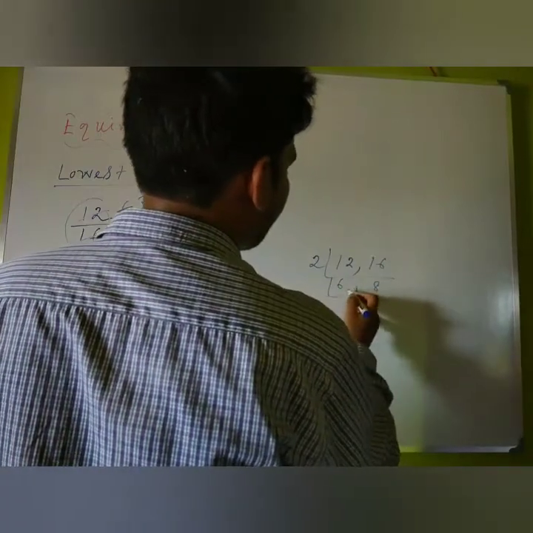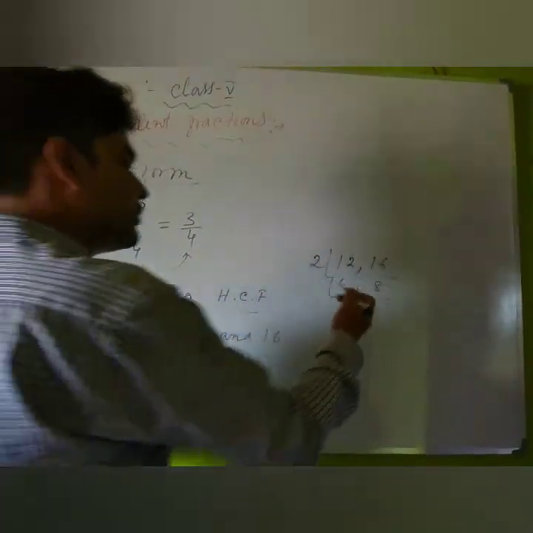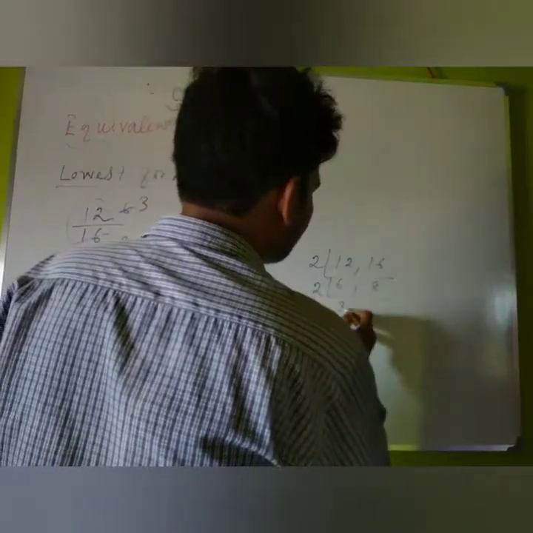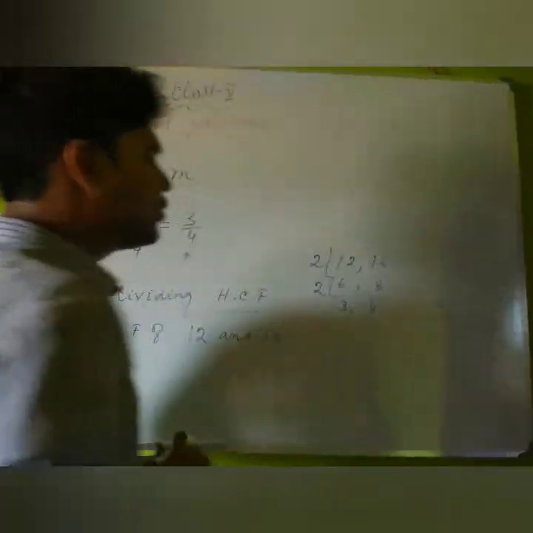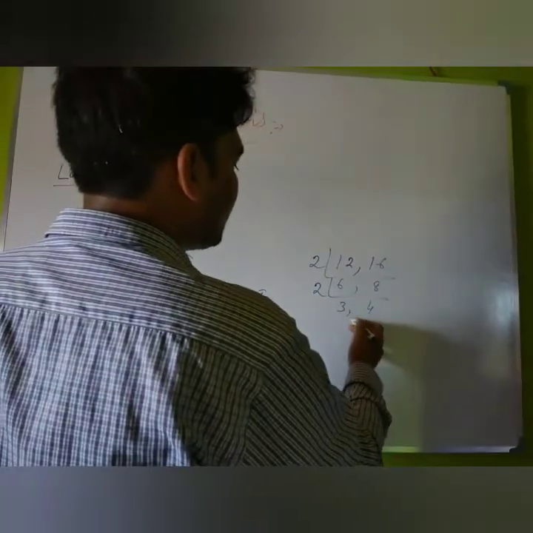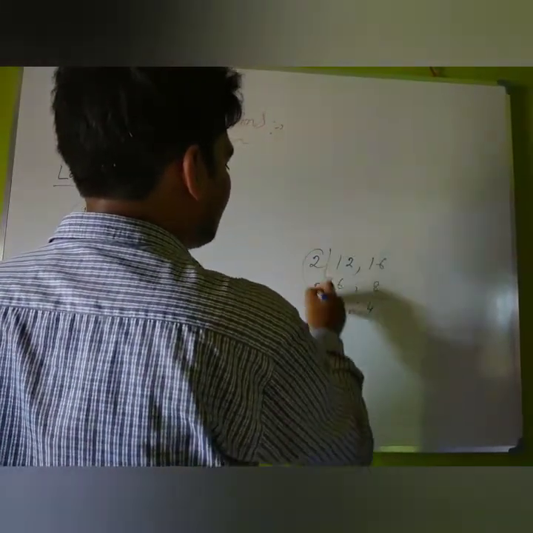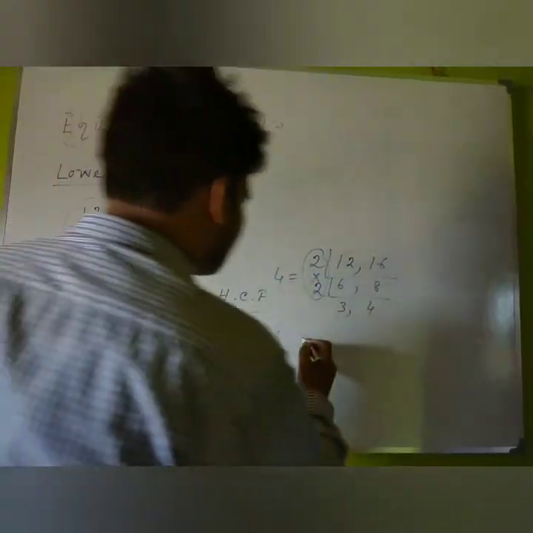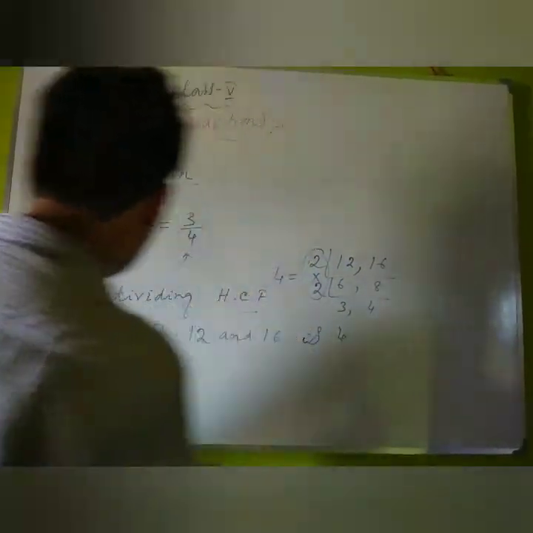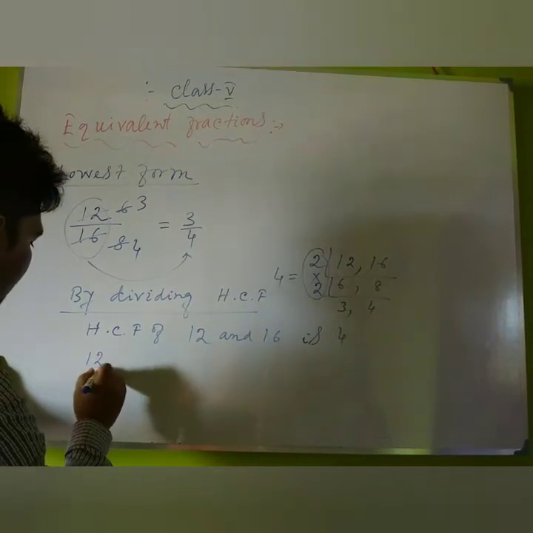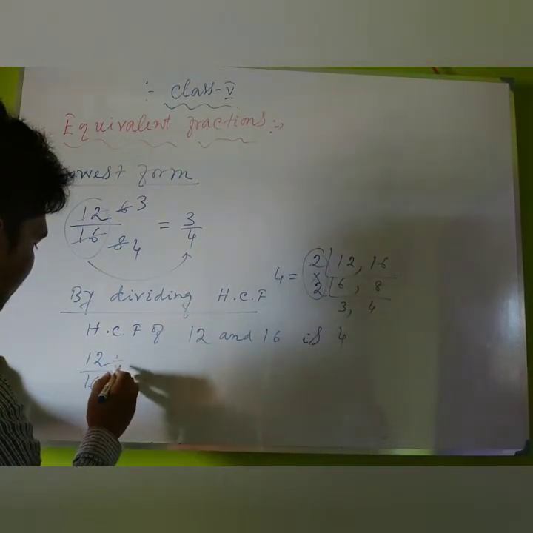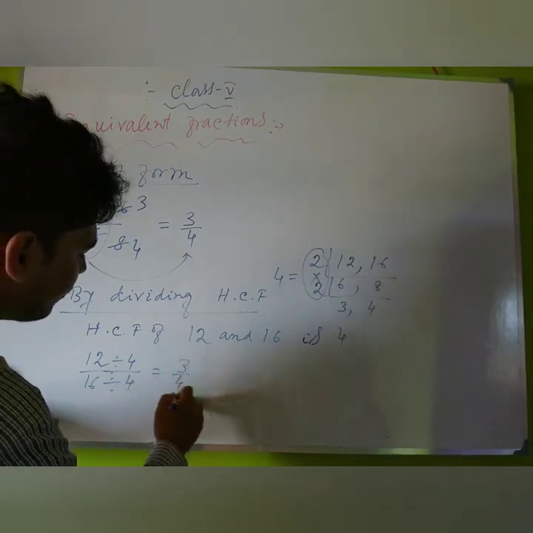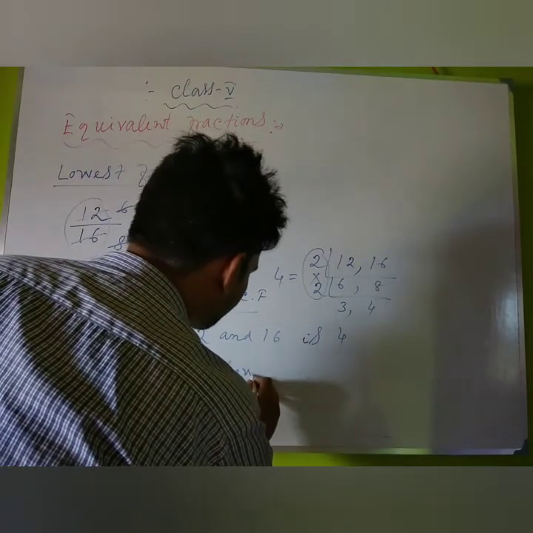In this way you have to divide both numbers by the same factor. Then 3 and 4. Now there is no common factor by which we can divide these two, so you have to multiply the divisors, 2 and 2, and we get 4. So the HCF is 4. Now you have to divide 12 and 16 by 4, so we get 3 by 4. That is the lowest form.